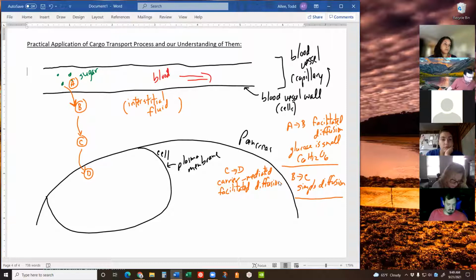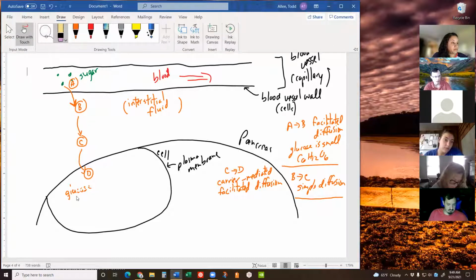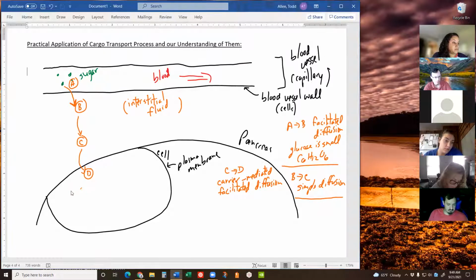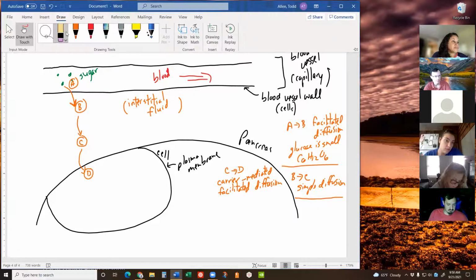Okay, so long story short, and taking a little bit of artistic license at this moment to skip over detail, which I will cover later, the pancreatic cell is going to be aware that glucose levels are up in the bloodstream.